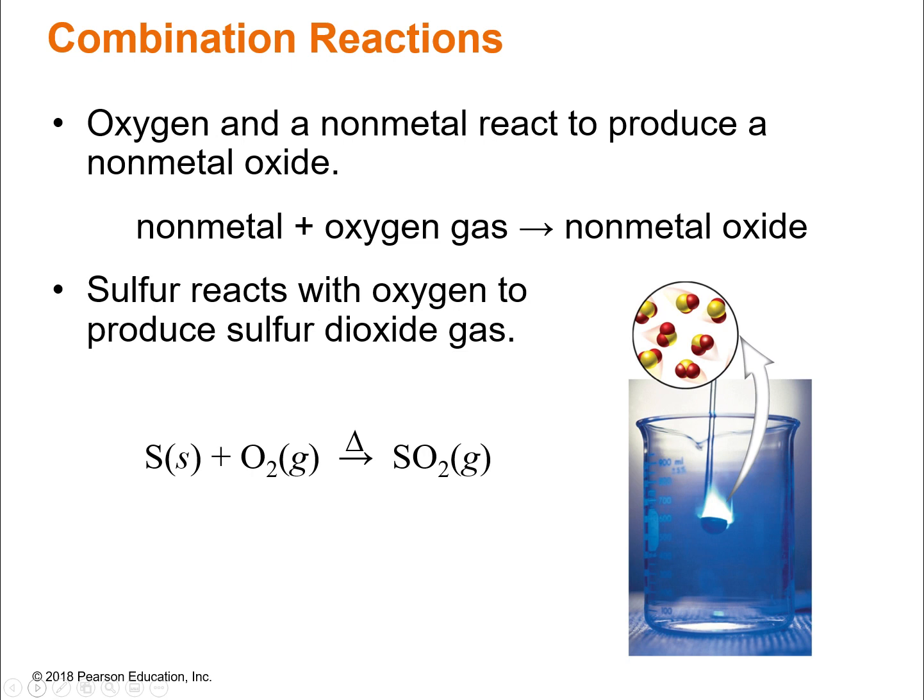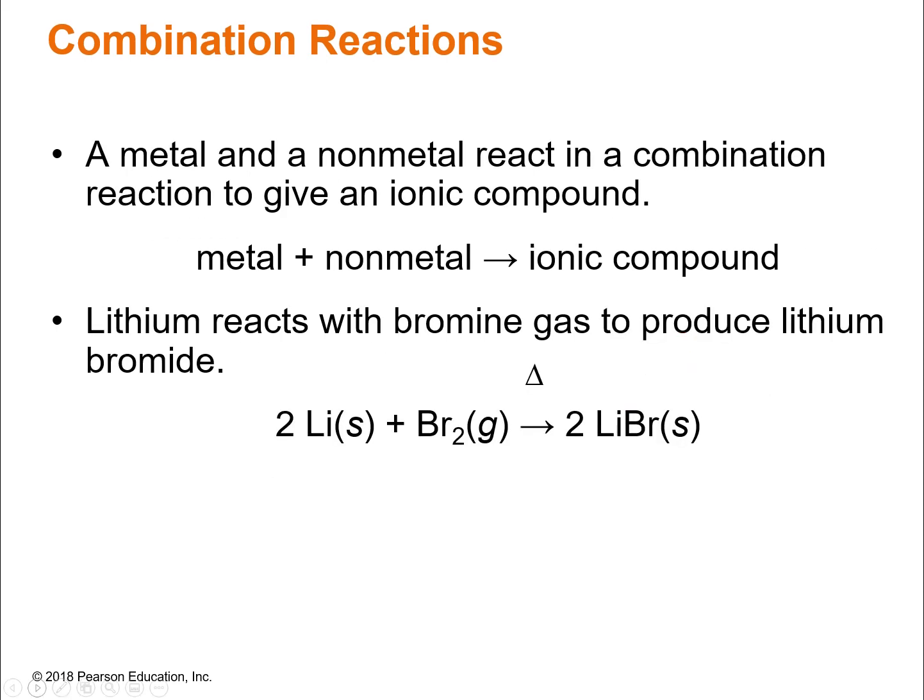Again, you don't need to know these exact reactions. Just understand that I'm giving you examples of combination reactions. And again, you've got multiple reactants forming one product. The third type of combination reaction you might see is reacting a metal and a nonmetal, and you're going to form an ionic compound.